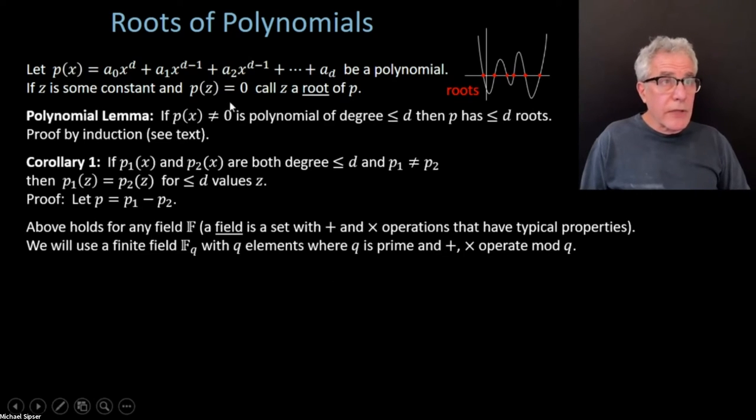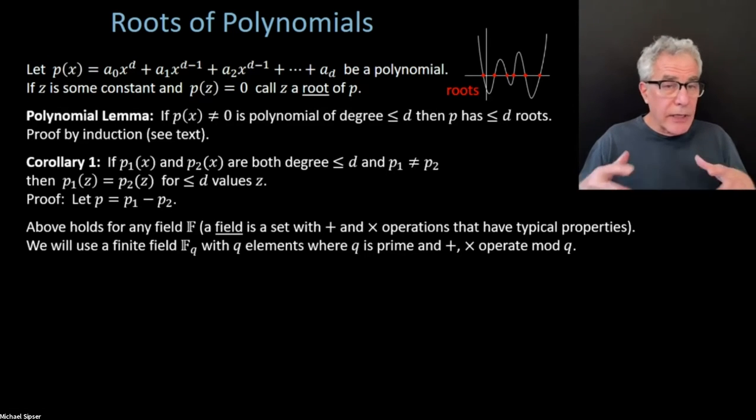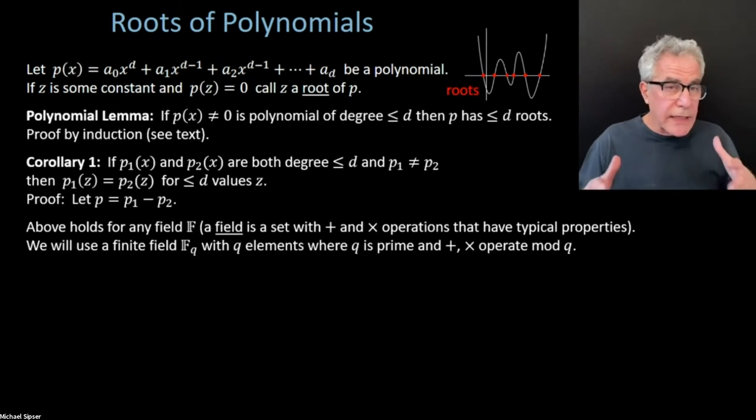So getting a question here, the coefficients of the polynomial and the assignment to the variables are all going to come from this field. Everything is going to be operating in this field. Don't let that throw you off. Your ordinary intuition about the way arithmetic works is going to be just fine.